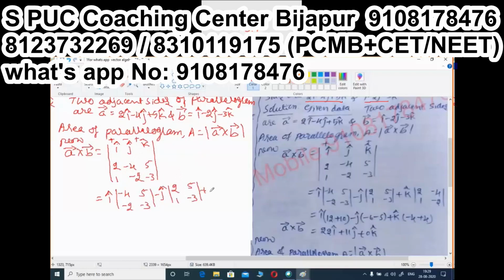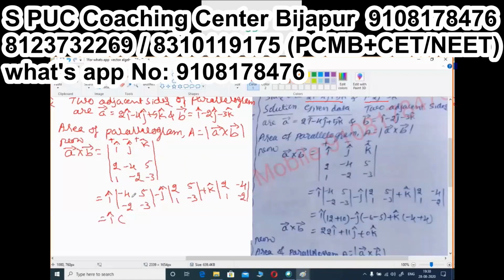Next plus k cap of, you leave this row and column, the remaining elements are 2, minus 4, 1, minus 2.